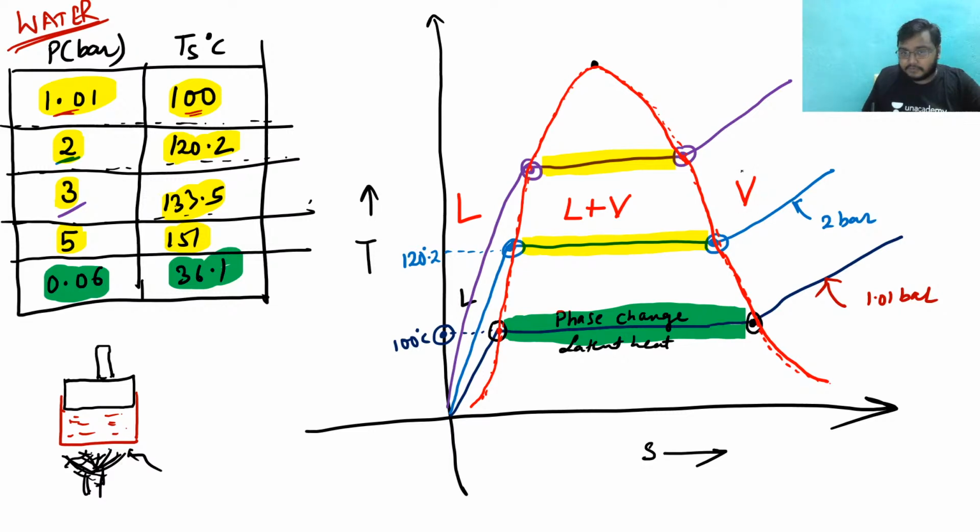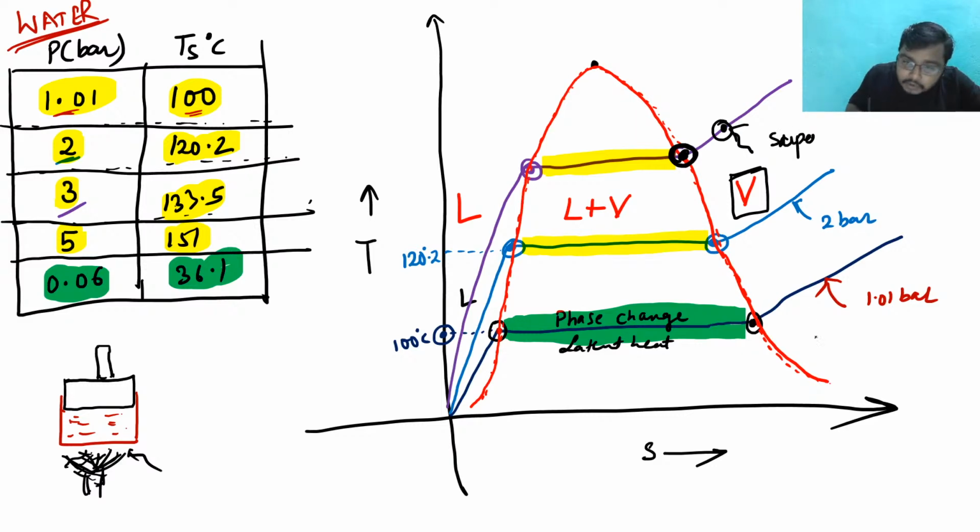Now this state is known as the saturated state. Now if the vapor particle is at this state, that is at a vapor state, this state is known as superheated.